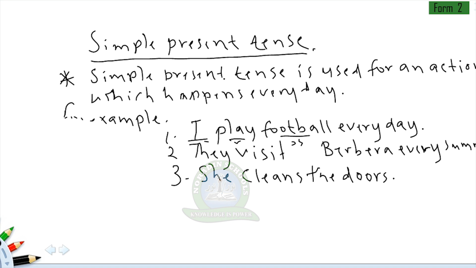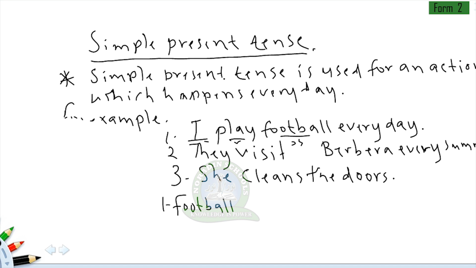In the place of the subject we put the object. If the subject is singular, we use is, and if the subject is plural, we use are, and the verb must be past participle.